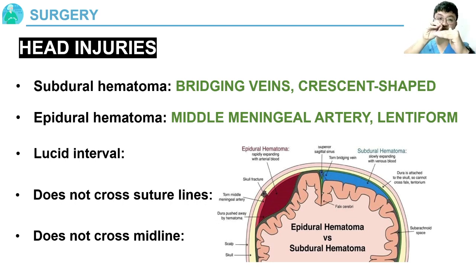If you have a hematoma there, remember the dura intensively attaches to your bone. It's very attached to your bone. So when you have a hematoma there, the hematoma should be coming from a vessel that is strong enough to release that attachment of the dura from the bone, right?